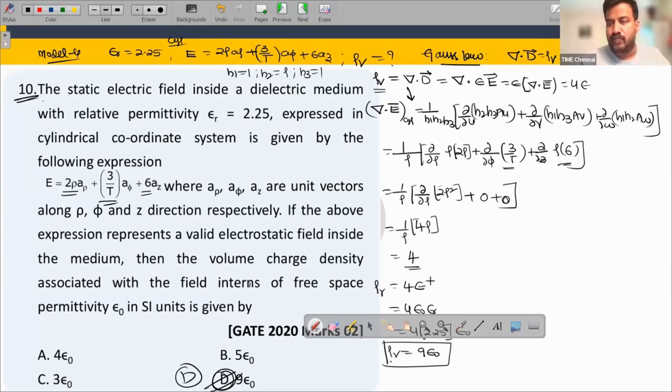No? Any doubts here? Everyone, is it clear? Dinesh? Satvik, Bhumika?